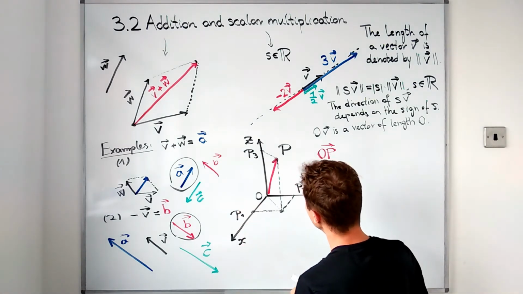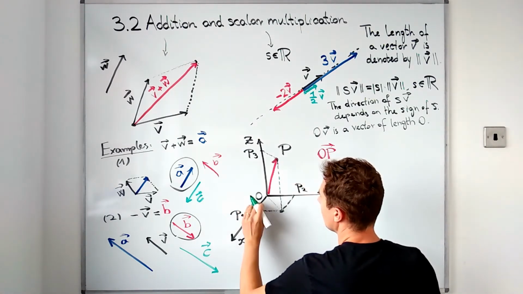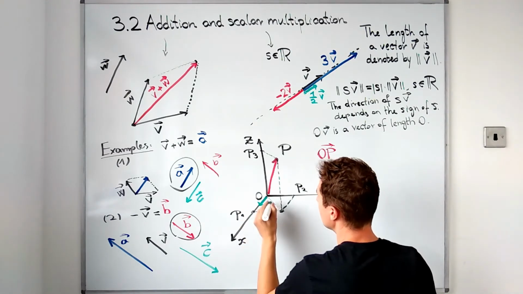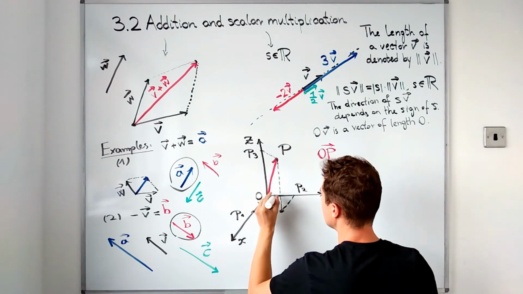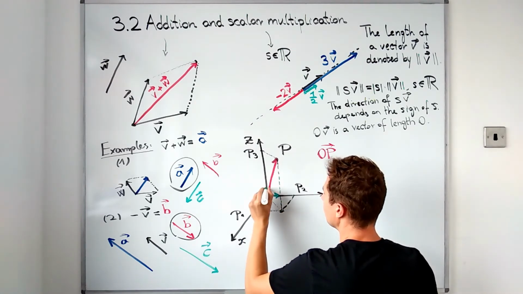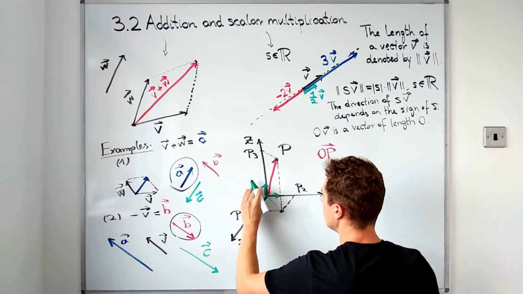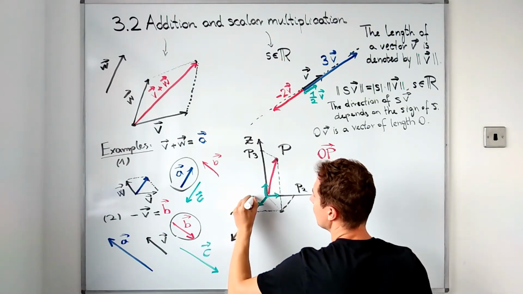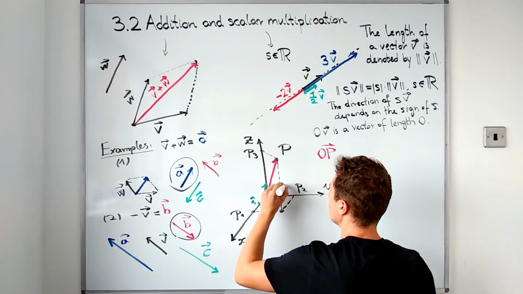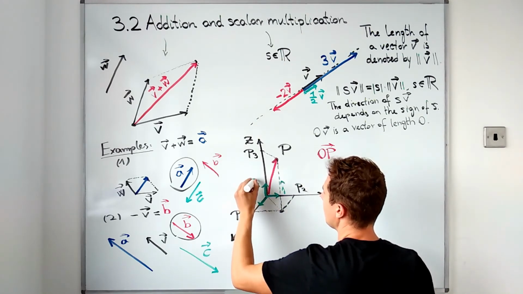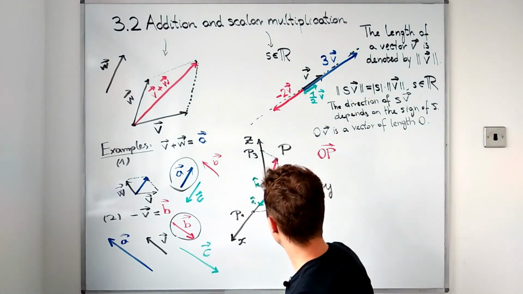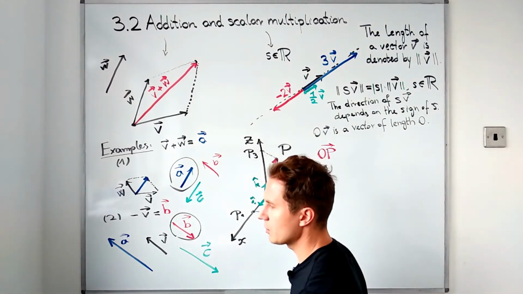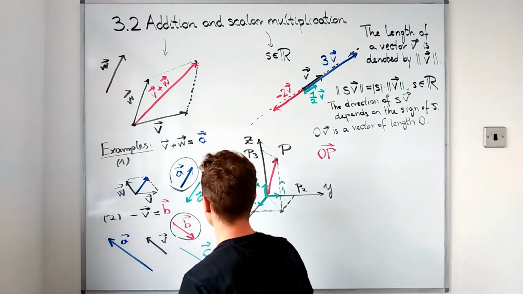Now what we can also do is we can introduce vectors of unit length along each coordinate axis, x, y, and z. We'll denote these vectors of unit length by i hat, j hat, and k hat. So these three vectors are of unit length, and they point in the positive direction along each of these coordinate axes.